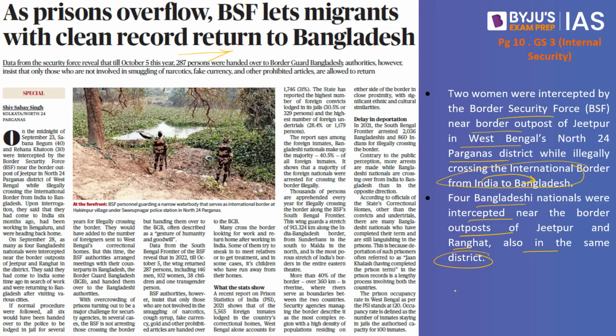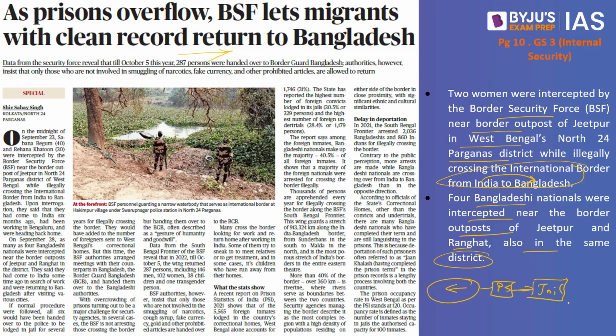They would languish in jail for several years. So if an illegal migrant enters our country, he would be caught by the BSF and sent to the nearby police station, where a case is booked and they are kept in jail for a long period of time as well as in correctional centers.